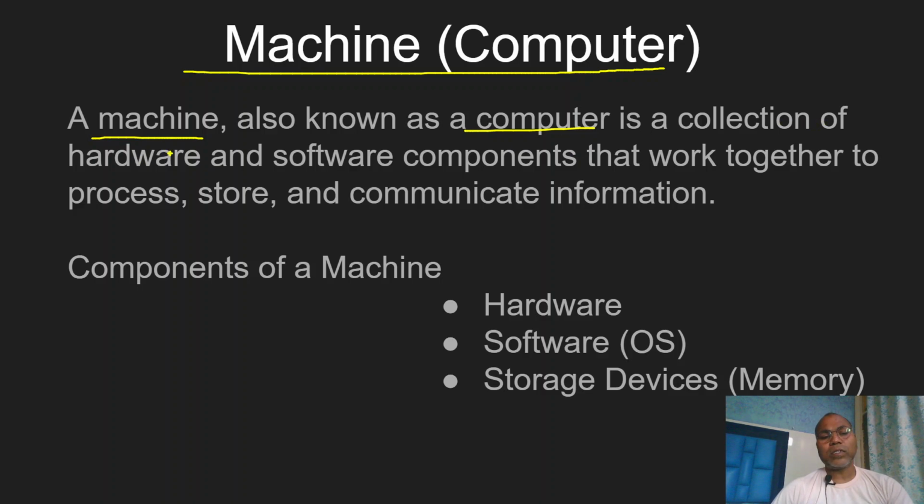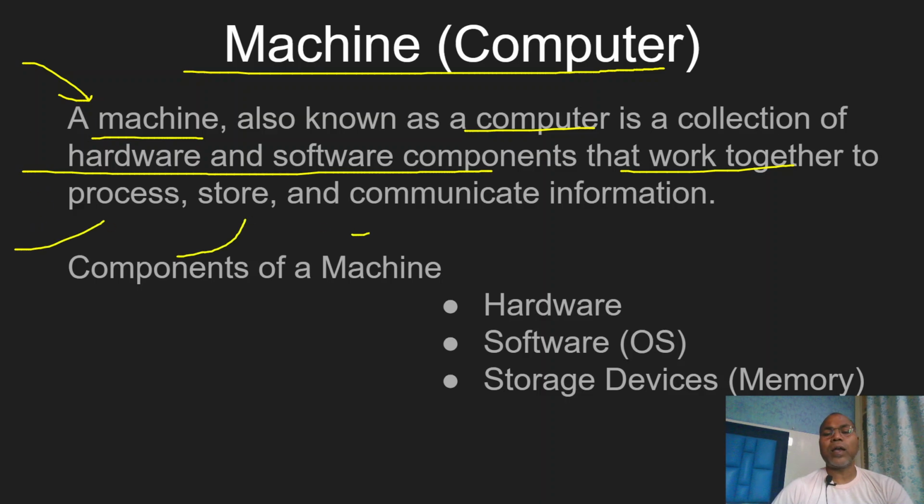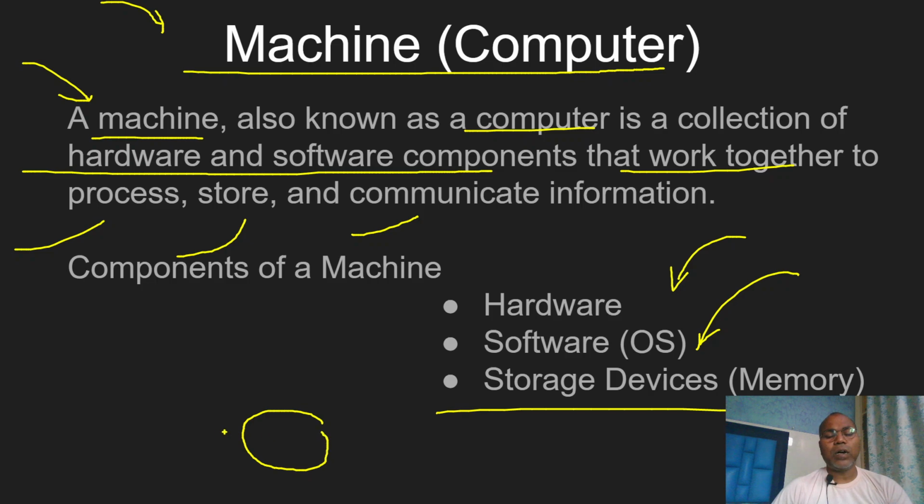While doing system design, generally we require some kind of server or machine. A machine or server or computer is the hardware and software components that work together to process, store, and communicate. So any machine requires some kind of hardware, some kind of software, and some storage.